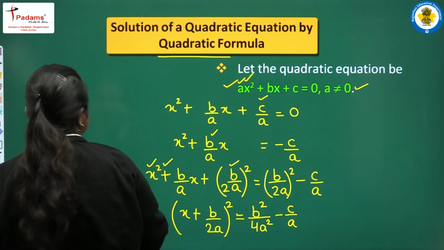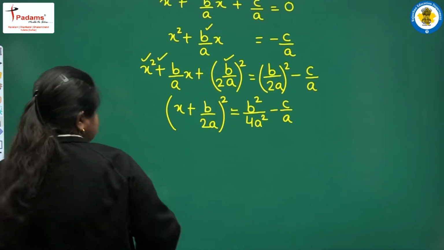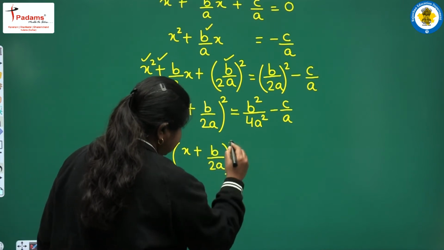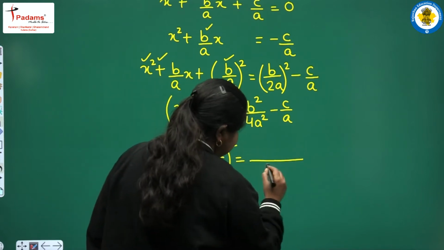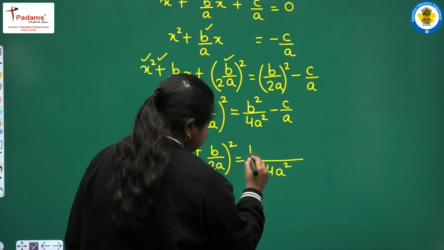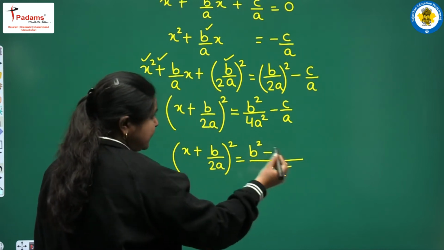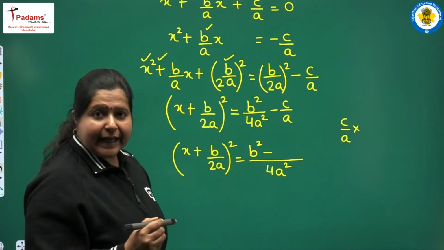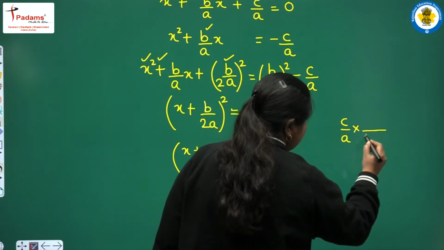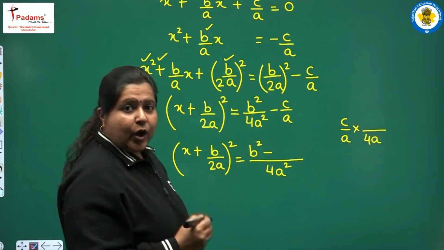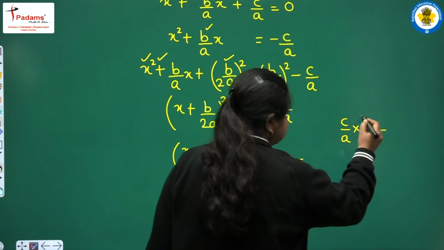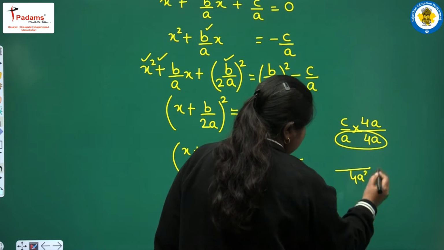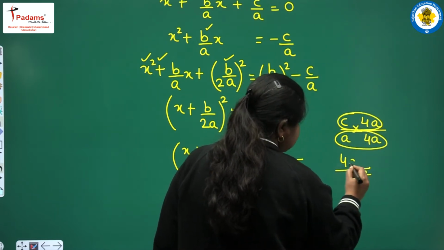What next? We will simplify this RHS further. We have here x plus b upon 2a whole square, and here we will take the LCM 4a square. In the numerator we have b square minus, and now what will we get here? We have c upon a, and we want 4a square in the denominator, so for this we multiply the denominator by 4a, and since we are multiplying the denominator, we have to do the same in the numerator. So we get 4a square in the denominator and 4ac in the numerator.